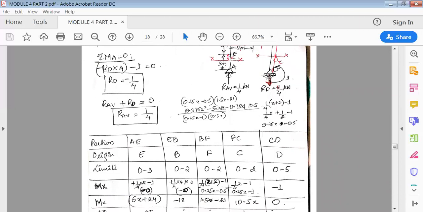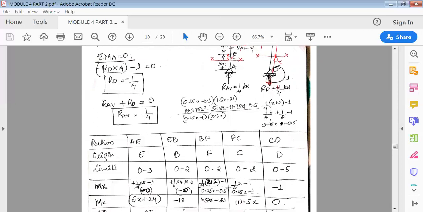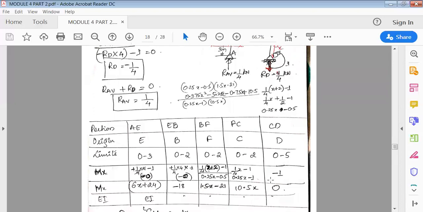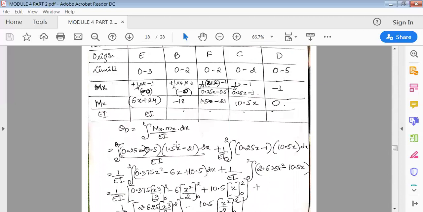Then again, this is going anti-clockwise, minus 1. In FC, we are cutting the section here, so it is 1/4 kilonewton into x, clockwise, minus 1. In CD, in the end, this is anti-clockwise, so it is minus 1. Then everything would be the same. EI is the same throughout.